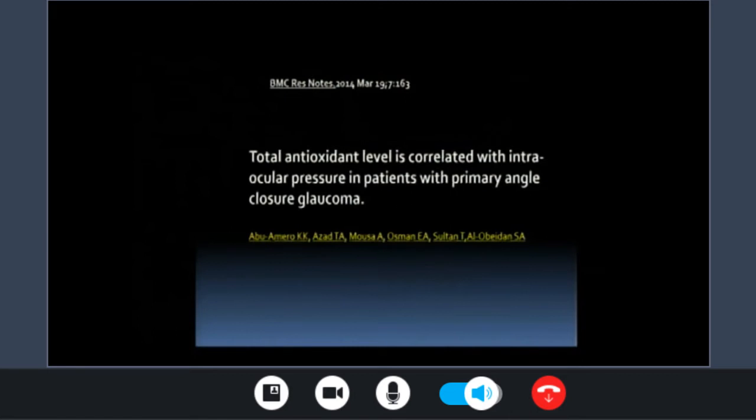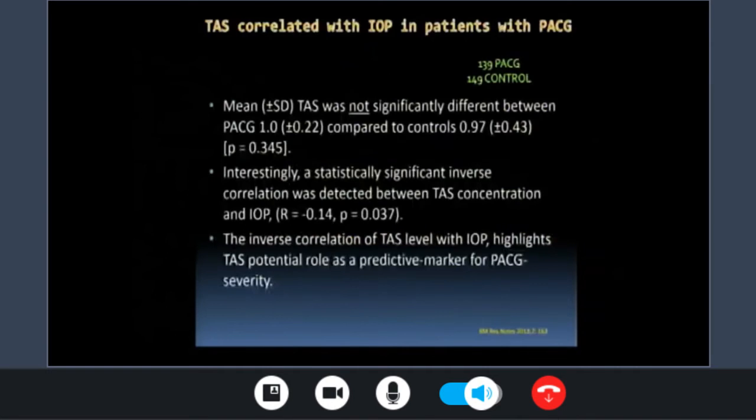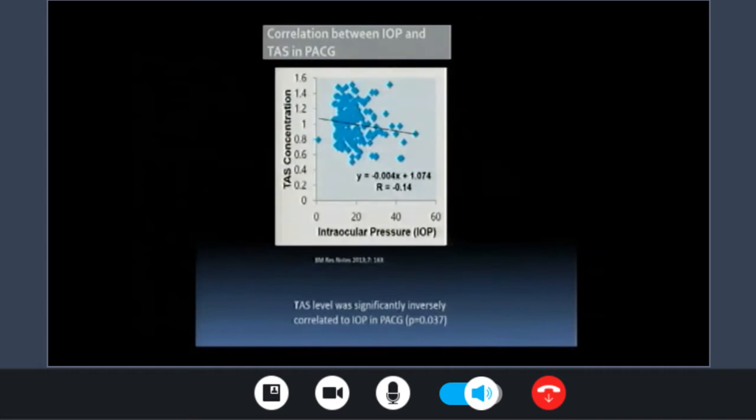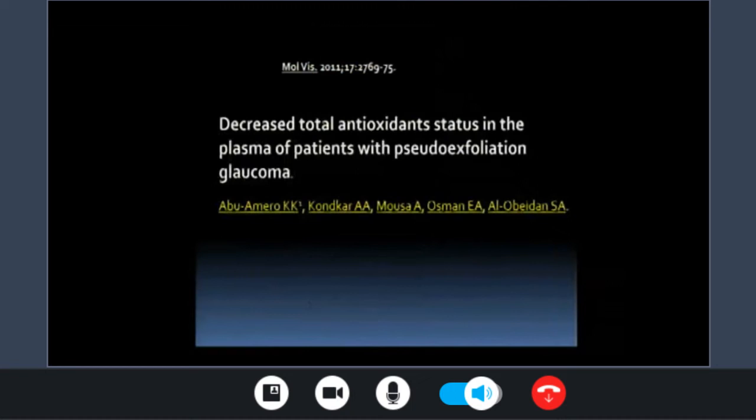In the other study, we studied the total TAS correlated to intraocular pressure in patients with angle closure glaucoma. As I mentioned before, it was not statistically significant, but there was an inverse correlation between TAS level and IOP. And you can see here that the TAS level was significantly, inversely correlated to intraocular pressure in primary open angle glaucoma.